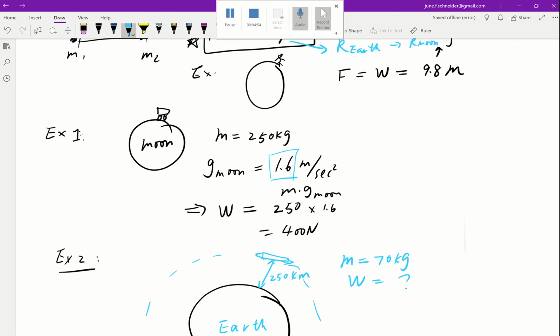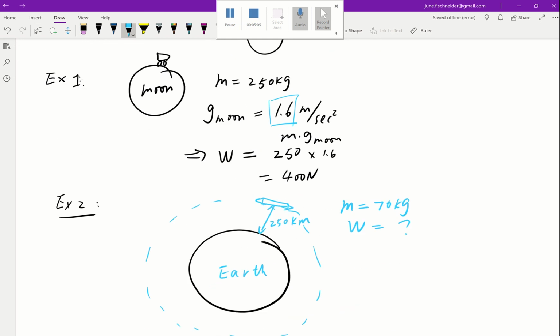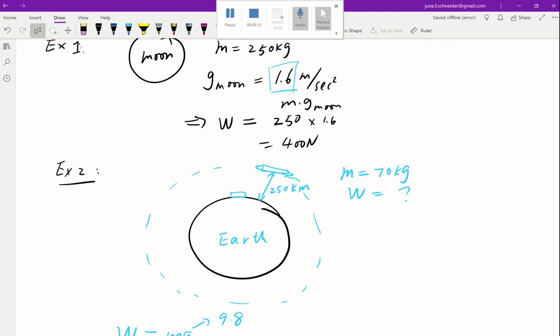Because 9.8 is derived from Newton's law of gravitation, and in this formula, what's the distance between those two objects? It's when we are standing here on the surface. However, the radius now has been 250 kilometers more, right? It's further away from the center of the Earth. So what do you realize?